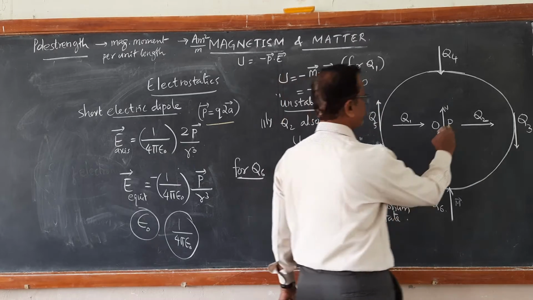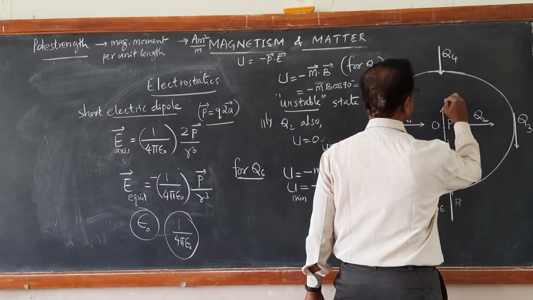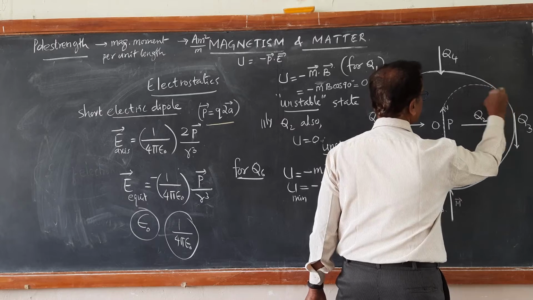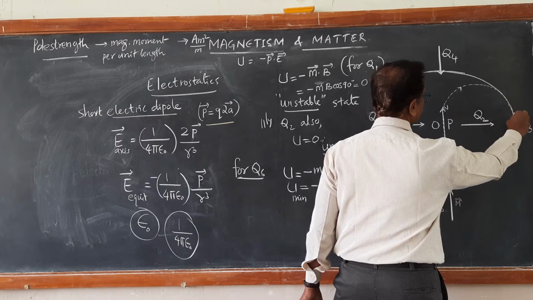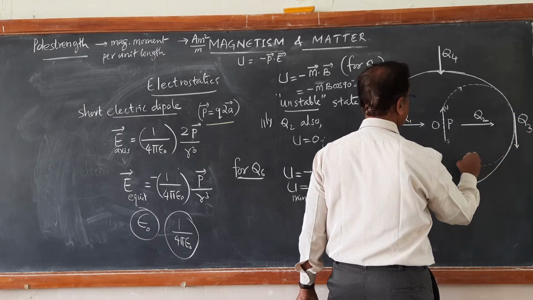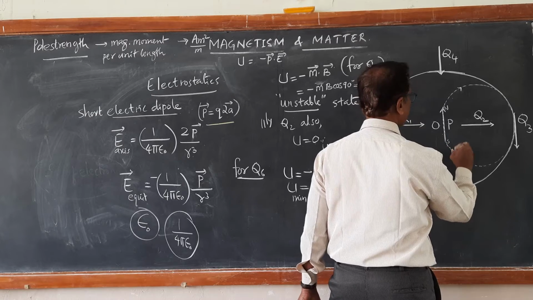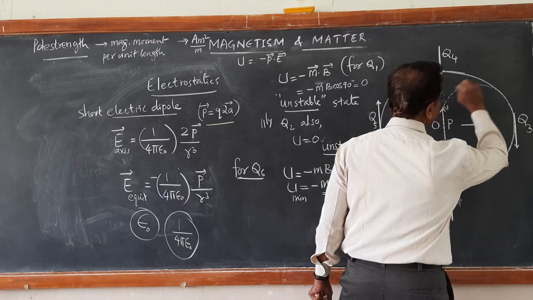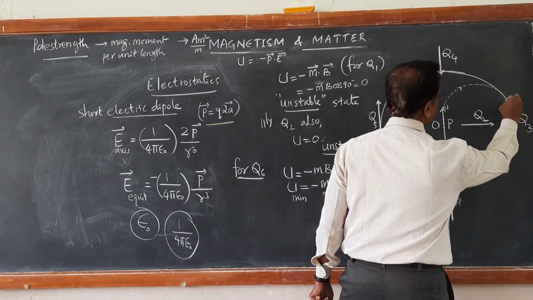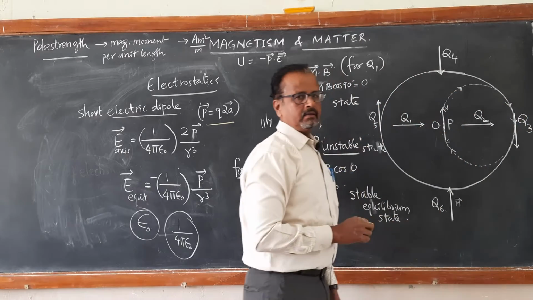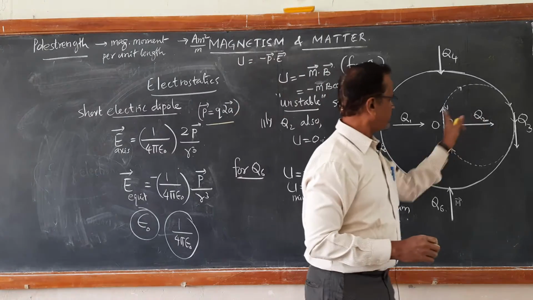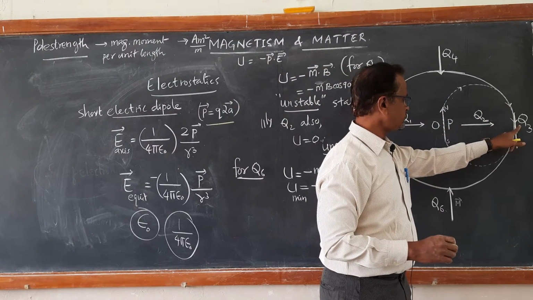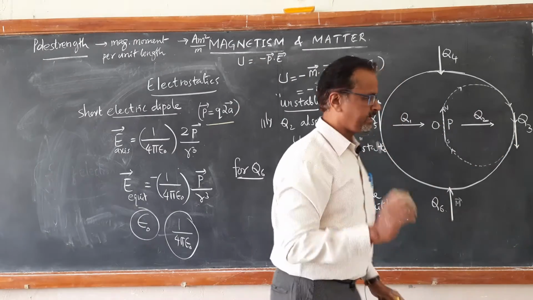Here if you draw the field lines, you see the field lines always come out from north pole and they meet at south pole. Exactly Q3 is in the same position as that of the magnetic field produced by the magnet P. So here magnetic moment and magnetic field are in the same direction.